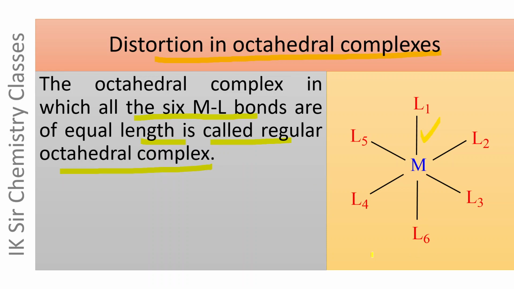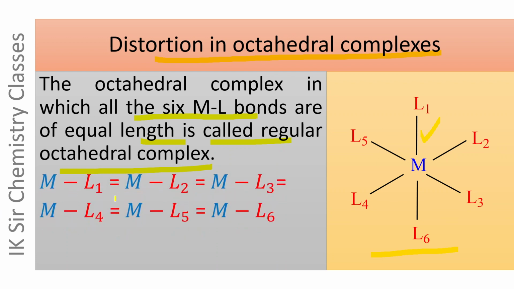It means the ML1 bond length is equal to ML2, ML3, ML4, ML5 and ML6 bond lengths.